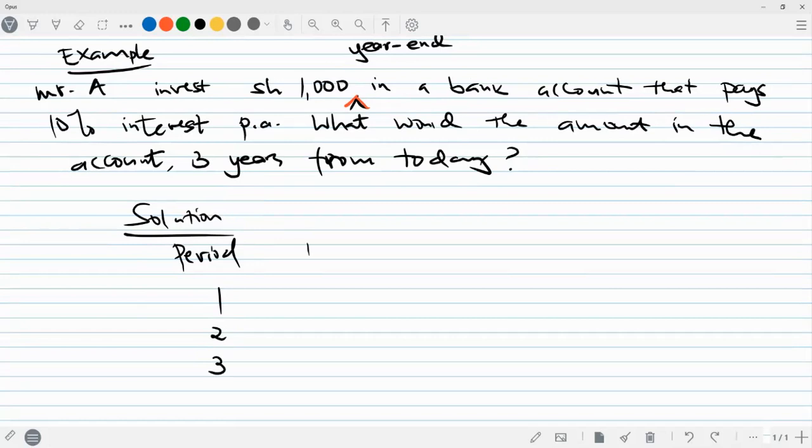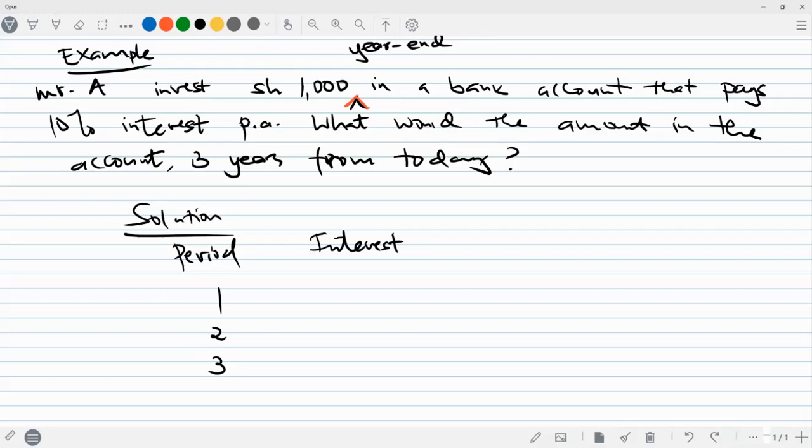Then you can say interest we earned. Don't forget you're going to be investing the 1,000 at the end of year 1. Therefore, the interest you'll be earning is going to be for year 2 and year 3.